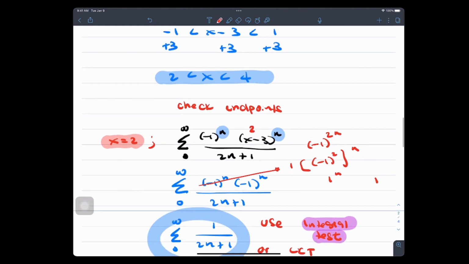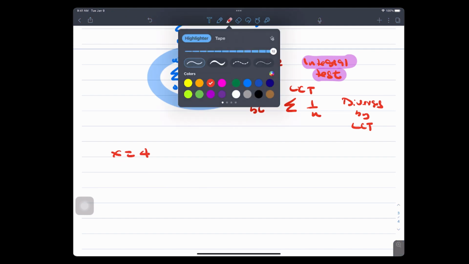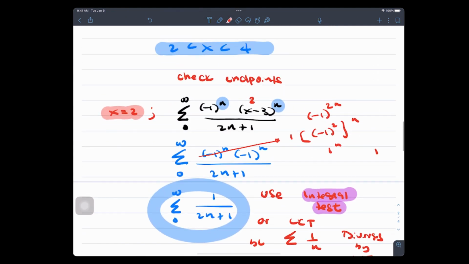Now, you've got to check when x is 4. You check the endpoints. So we're going to plug in 4 here. And when you plug in 4 for x, notice what you now get.